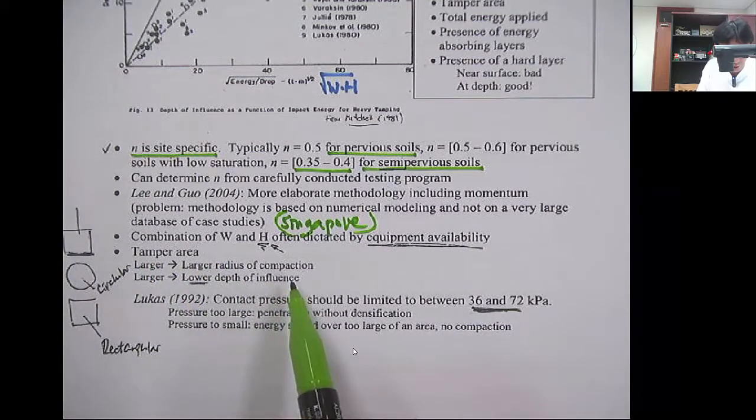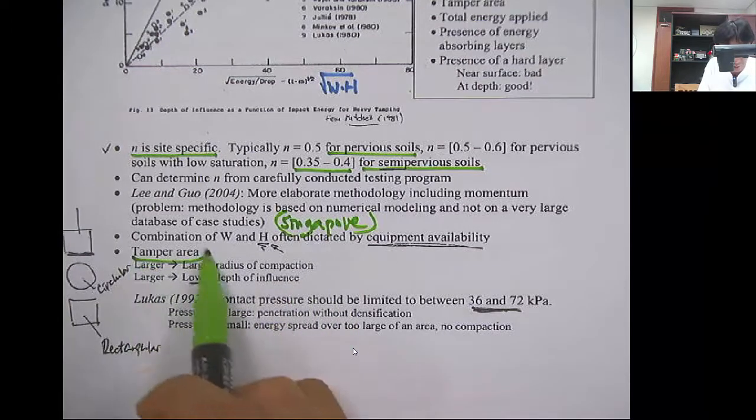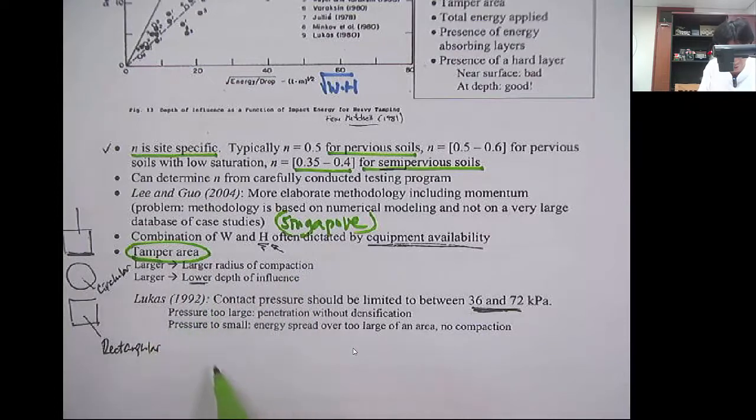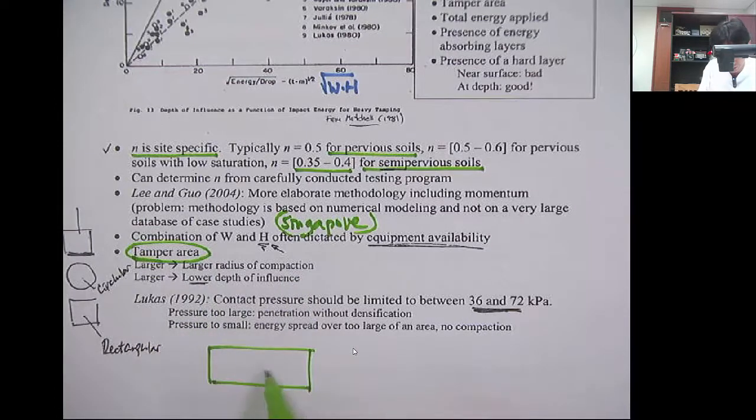The influential area, or the depth of influence, is also affected by the temper area. Let's say this is the square and this is the side view.